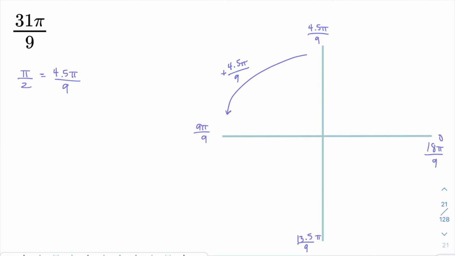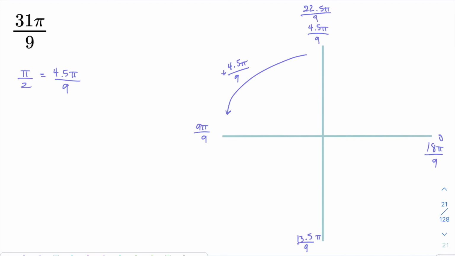Okay, that's not enough though. We have not gone far enough, clearly. 31 pi over 9 is more than one rotation around; it's greater than 18 pi over 9. So we're going to keep counting. Here I'll go another 4.5. It's going to be 22.5 pi over 9.